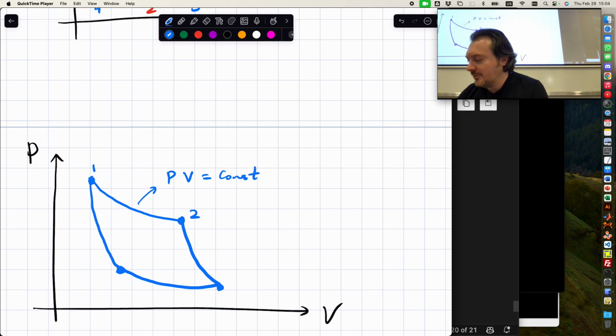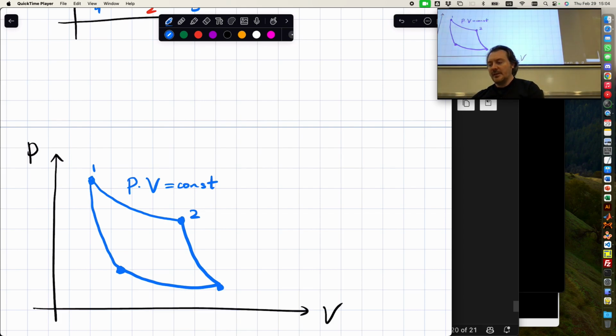In yet other words, P is proportional to 1 over V. Let me write it just like P times V is equal to constant. Does it make sense? This is the isothermal expansion. As you expand the volume, pressure decreases, and P1 V1 is P2 V2.